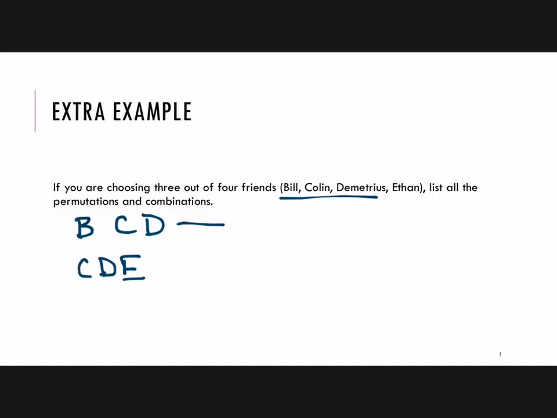But if you're looking at permutations, then we also have to look at arrangements every time we have one of these combinations. So along with choosing Bill, Colin, and Demetrius, we would also have, all right, different orders. So maybe Bill, Demetrius, Colin, or Colin could have been chosen first.